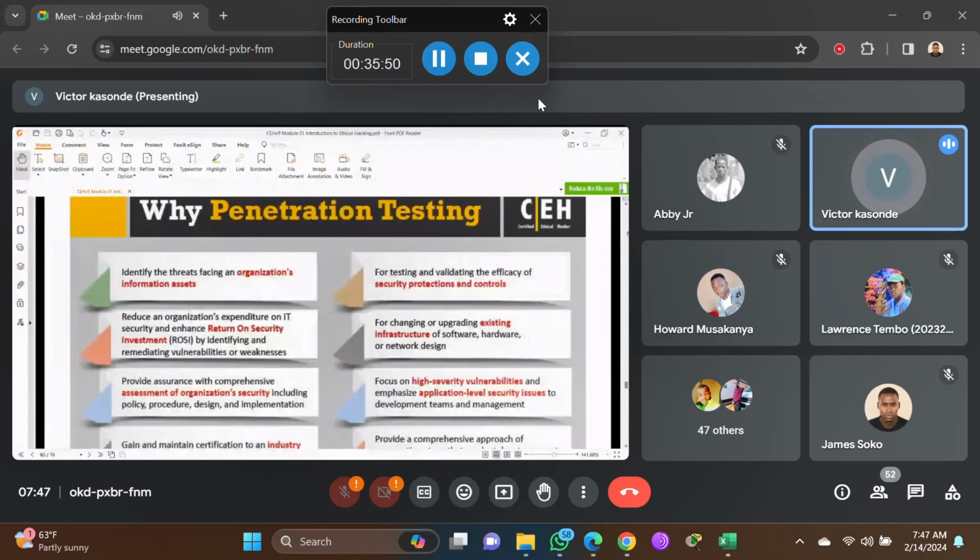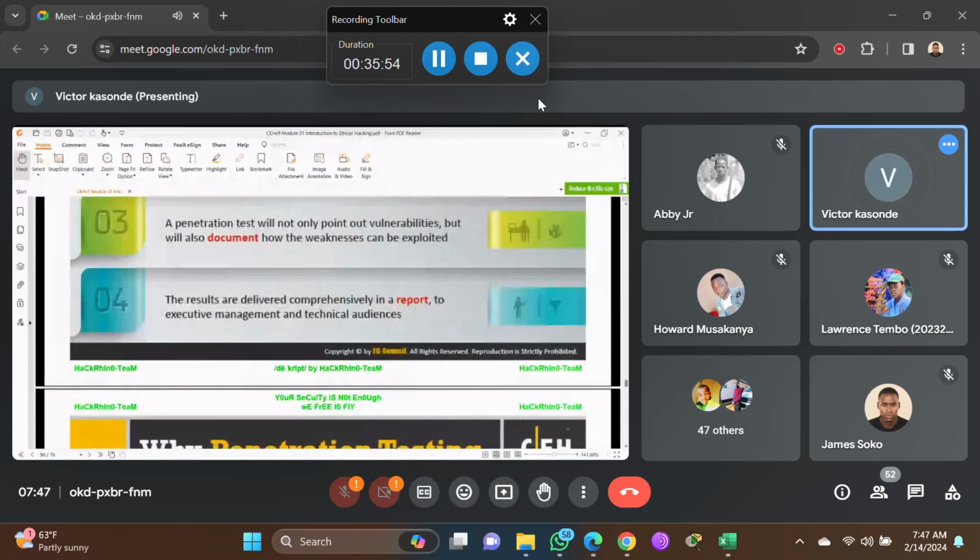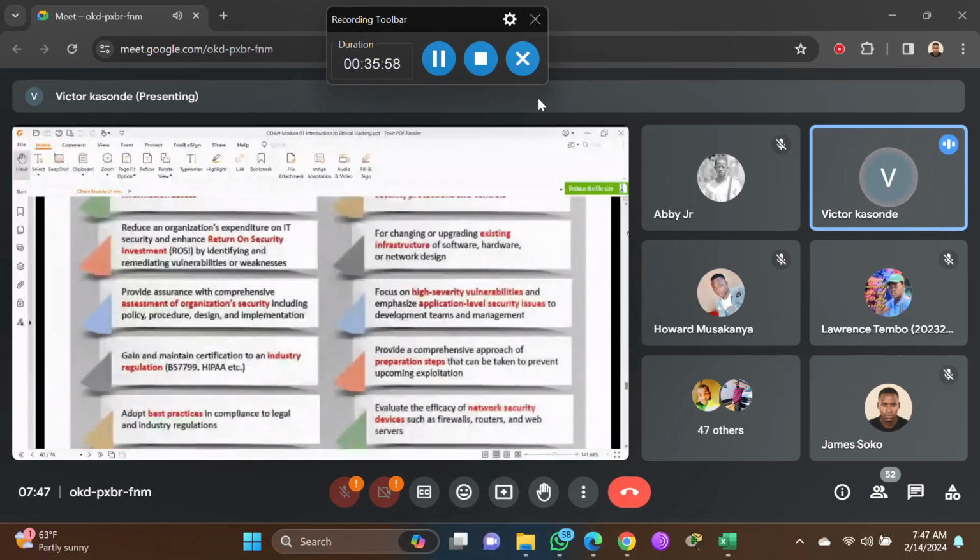The other part is for changing or upgrading existing infrastructure of software, hardware, and network. So when you see a vulnerability, what do you do? You upgrade. There is an upgrade you are supposed to do if the system is running on something maybe expired.